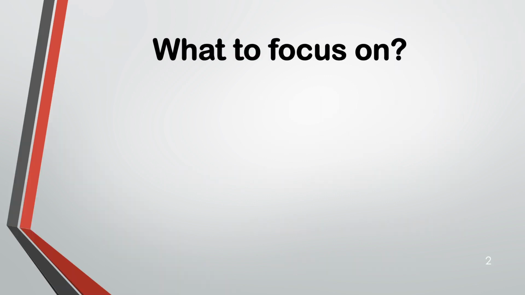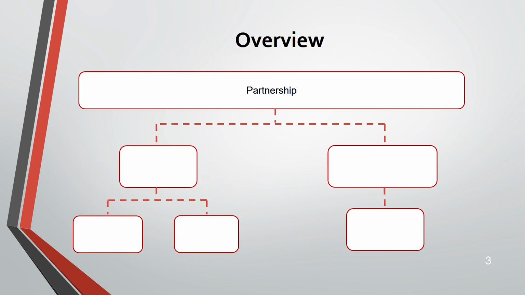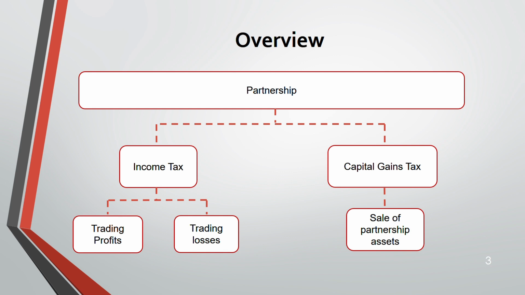Here we are going to focus on trading income assessment for partners, partnership trading losses, and partnership capital gains tax. This aspect is new in ATX. And then a summary. So now the overview of this lecture. First we are going to finish the income tax part, trading profit, how you calculate the trading profit in a partnership and trading losses. Then CGT when you are selling your partnership asset.